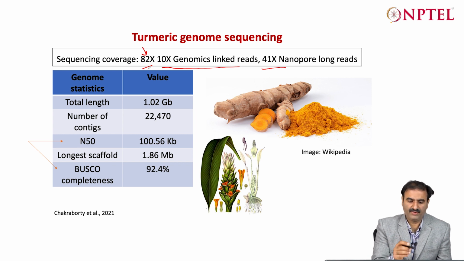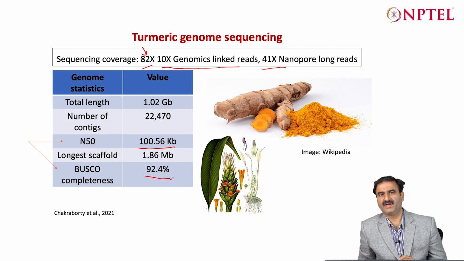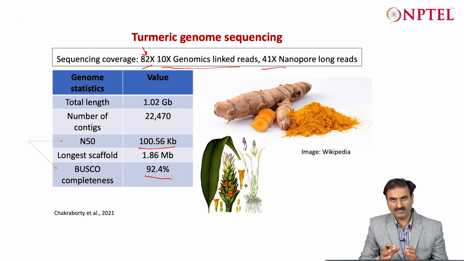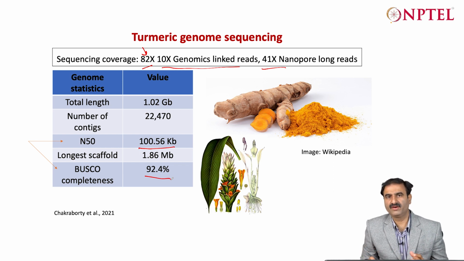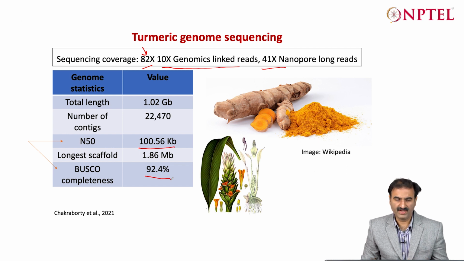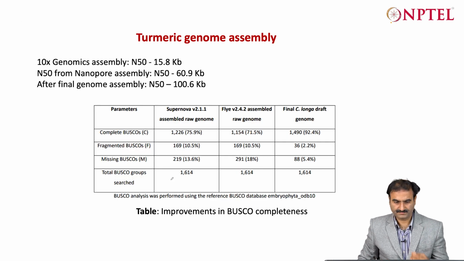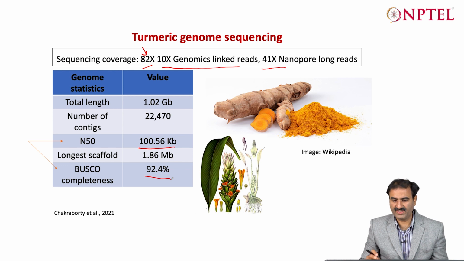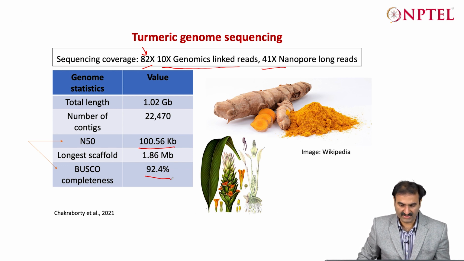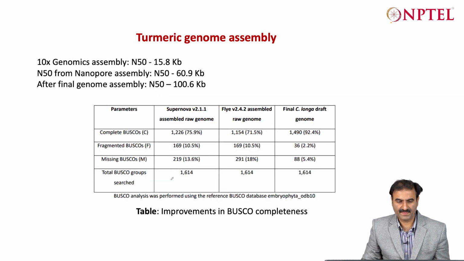And it led to about 100 kb of N50 and 92% BUSCO completeness. That means the coverage of all the single copy orthologs was almost 92%, which is reasonable. And you also have to see that it is a highly heterozygous, triploid genome. So that also caused challenges in the assembly, right?